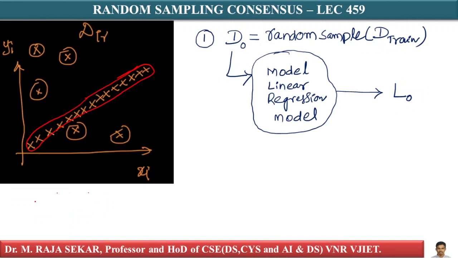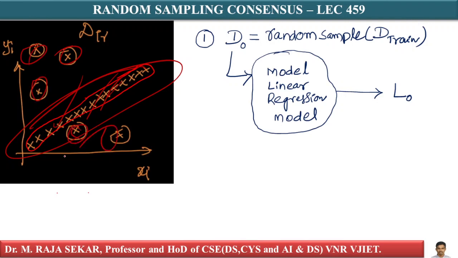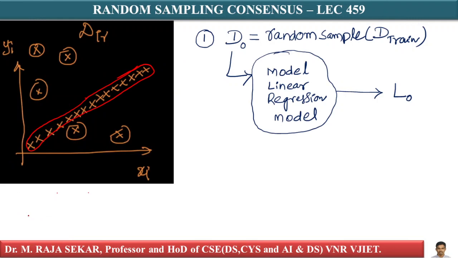Most of the points come from the inliers, since there are so many inliers. Of these 5 outliers, 1, 2, 3, 4, 5, I may get 2 or 3 outliers. But the probability of outlier points being present in D0 is reduced by the sampling size.